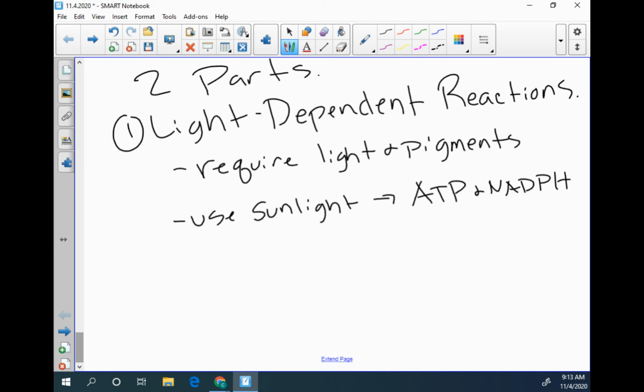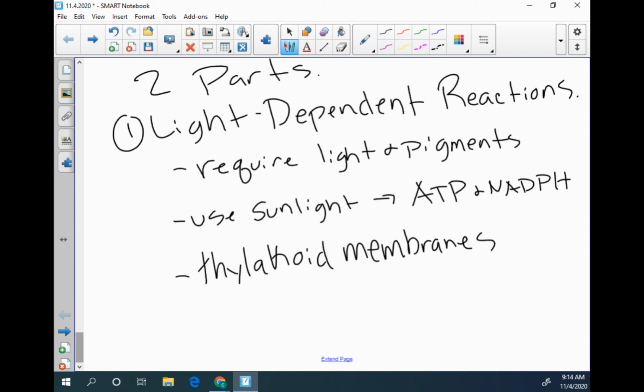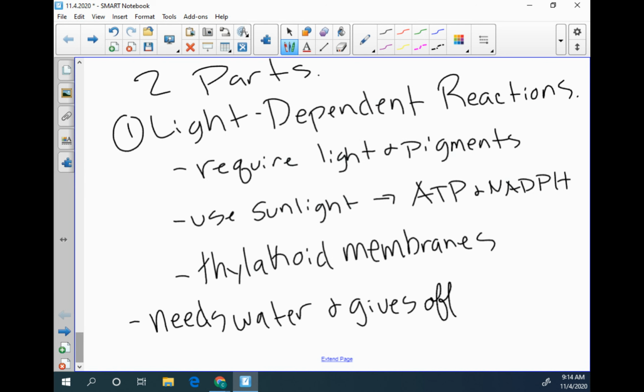These light reactions can make some of it. But remember, we can't store it for very long, so we still have to take this ATP and use it to make something that can be stored. The light-dependent reactions happen in the thylakoid membranes. This is really, really important. It needs water and gives off oxygen.